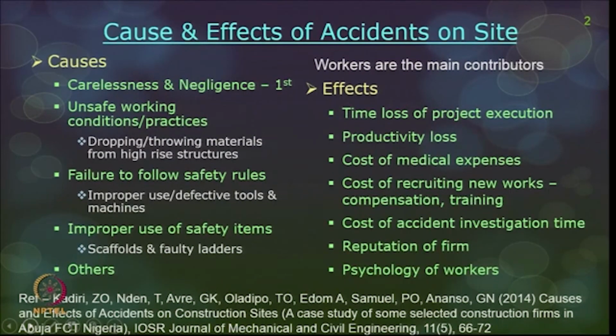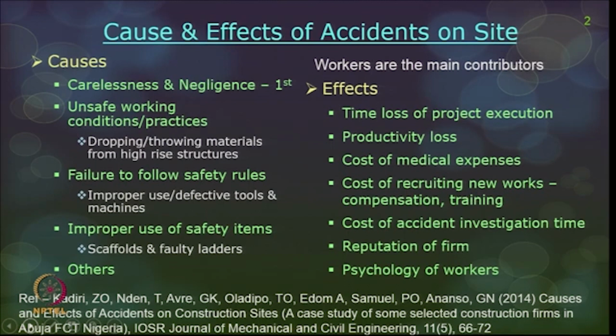Unsafe working conditions, for example dropping or throwing materials from high-rise structures just because you don't want to come down or pass the material through other ways like a chute. Dropping is primarily an unsafe working condition or practice.